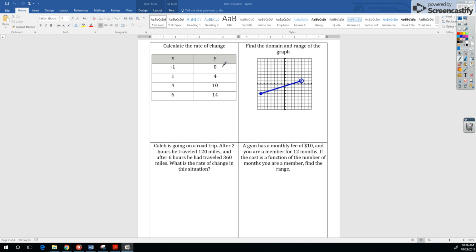So I can pick any y as my y1 and my y2, and I can pick any x as my x1 and my x2, and I can do my slope formula: y2 minus y1 divided by x2 minus x1. 4 minus 0 is 4, and 1 minus -1 is really 1 plus 1, which is 2, and 4 divided by 2 again is 2. So any way that I do it, I still get 2.